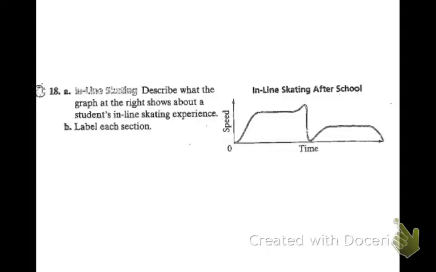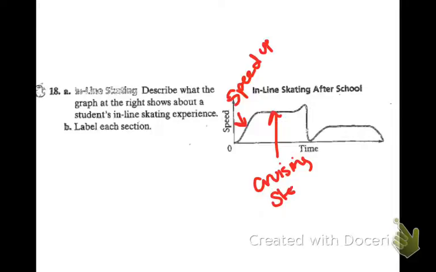So, inline skating. Describe what the graph at the right shows about a student's inline skating experience. Label each section. The increase here would be showing them speeding up. This would be us cruising at a steady speed. Right here, they are speeding up.